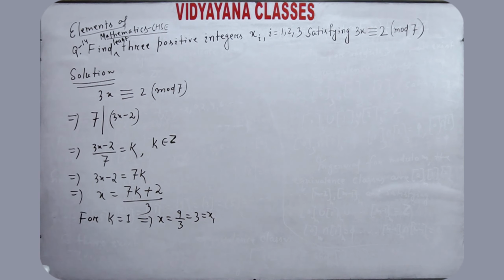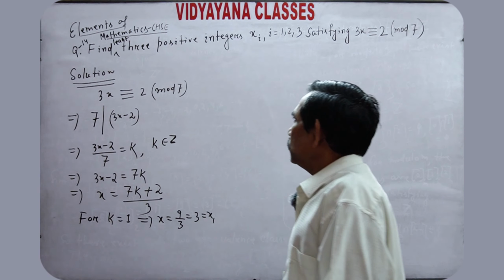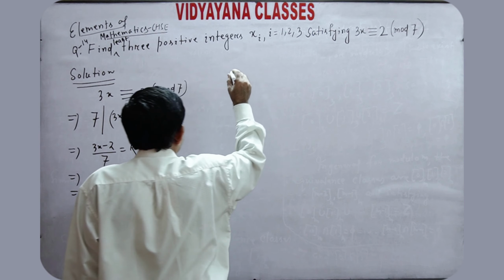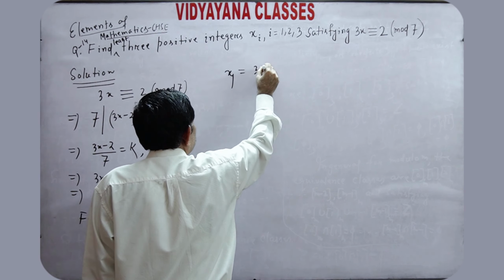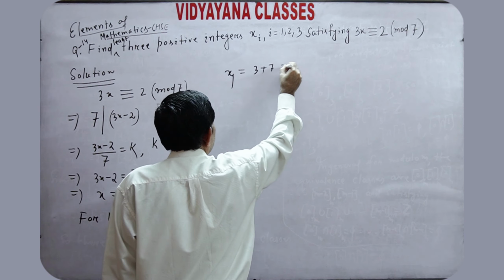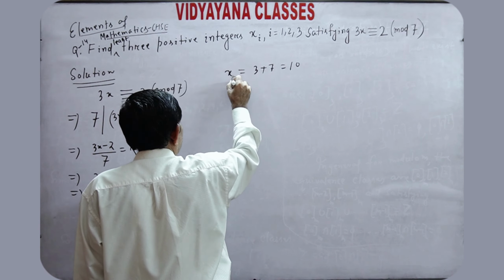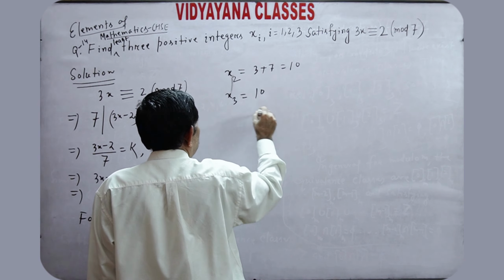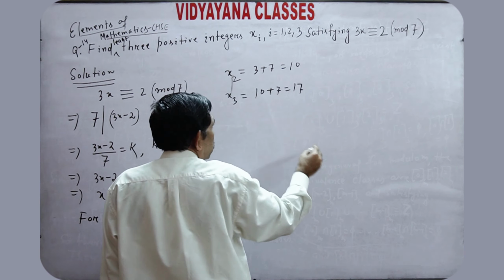We have to find out least 3 positive integers satisfying 3x congruent to 2 modulo 7. x2 is equal to 3 plus 7 is equal to 10. x3 is equal to 10 plus 7, that is equal to 17.